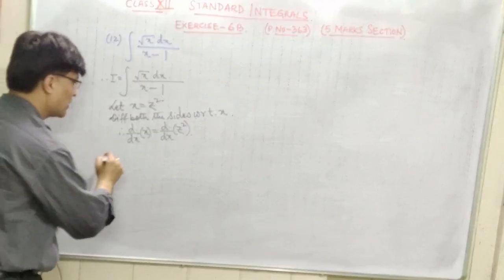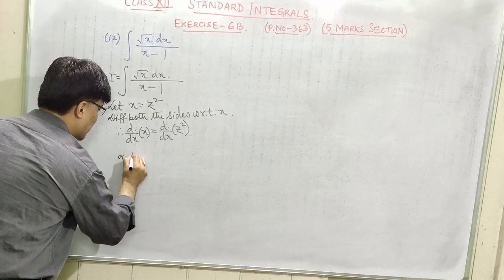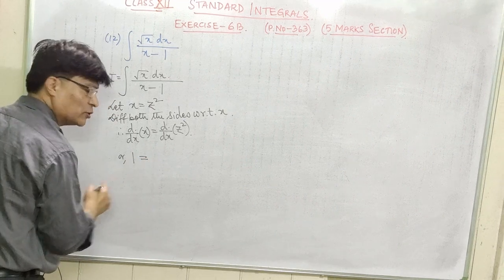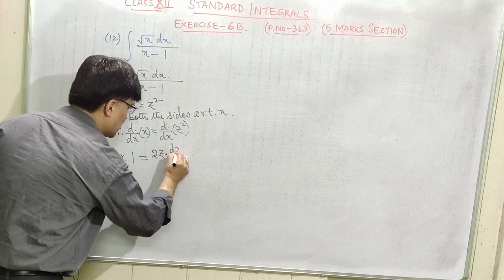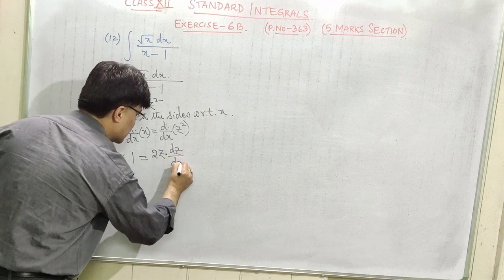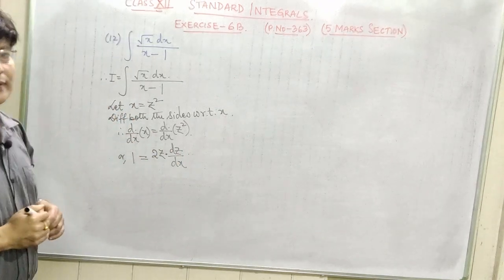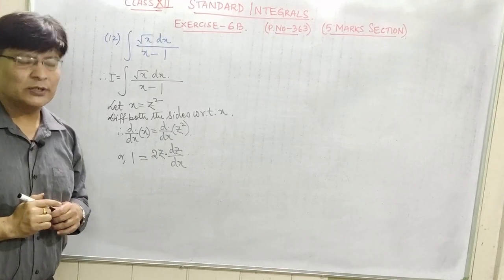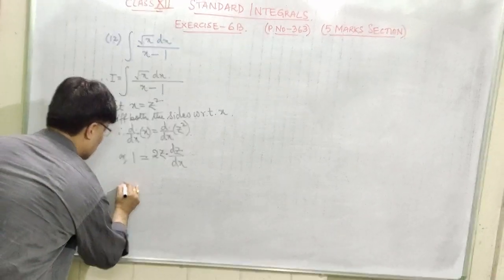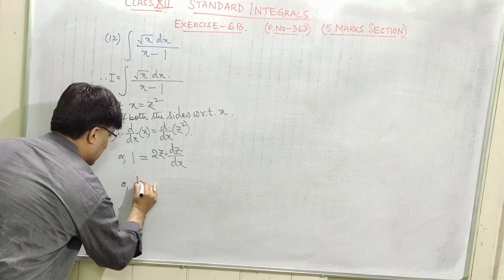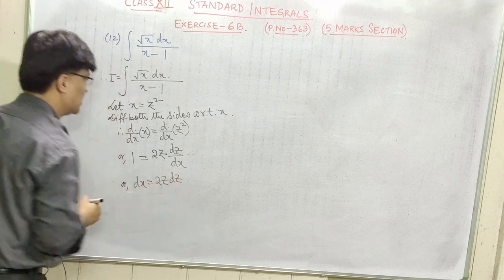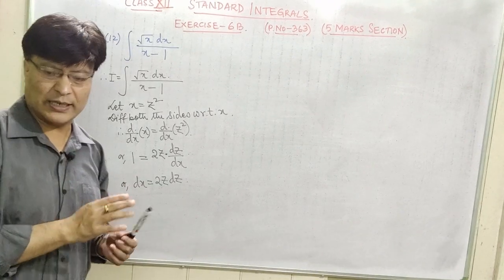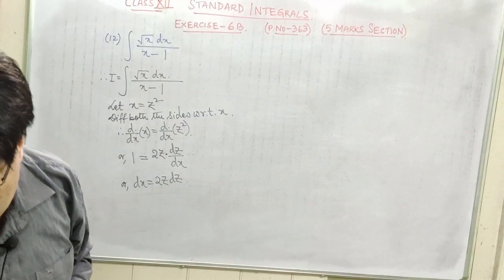Is that clear? Next, what is d/dx of x? That is 1, which is equal to, what is d/dx of z square? It is 2z into dz by dx. Is that clear to all of you? So now you can do cross multiplication. So what is the value for dx now? dx is equal to 2z dz.